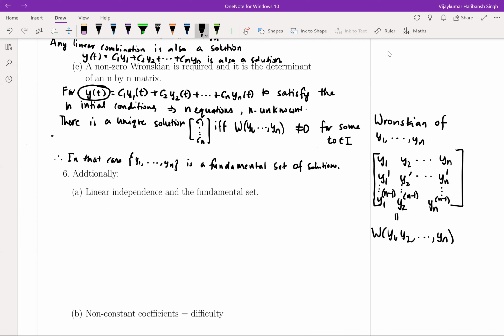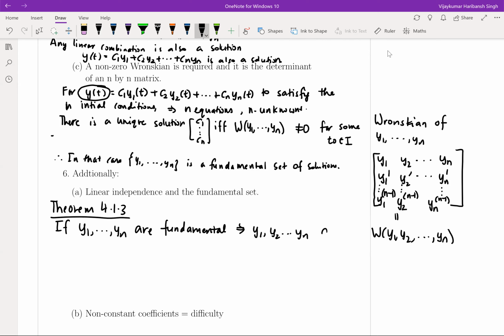So again, if you look at theorem 4.1.3, it tells you the following. If y1 to yn are a fundamental set of solutions, this implies y1, y2, ..., yn are linearly independent, and the other way around too.